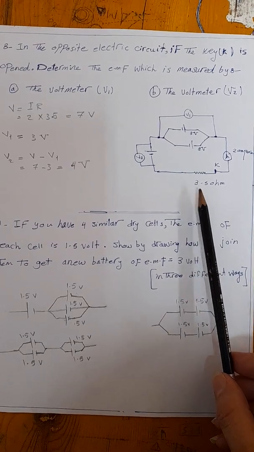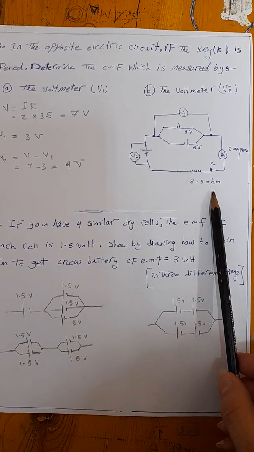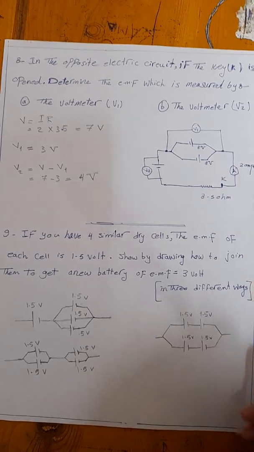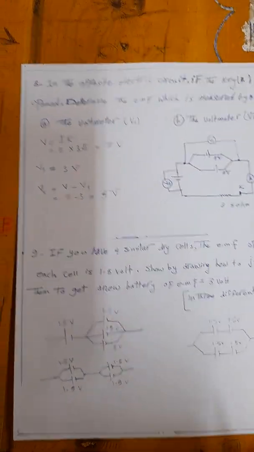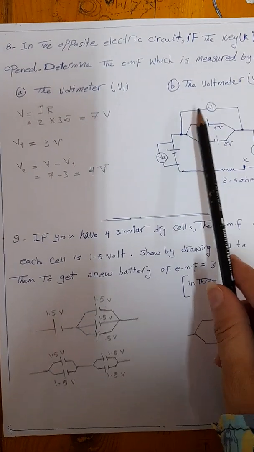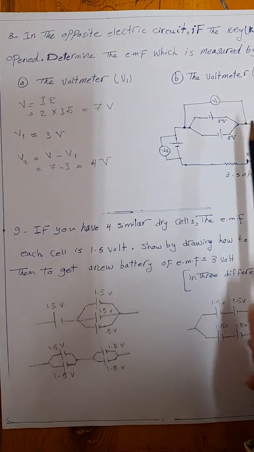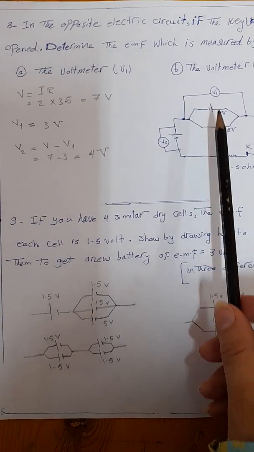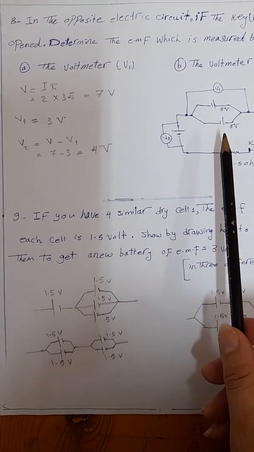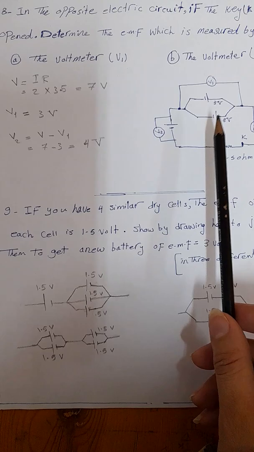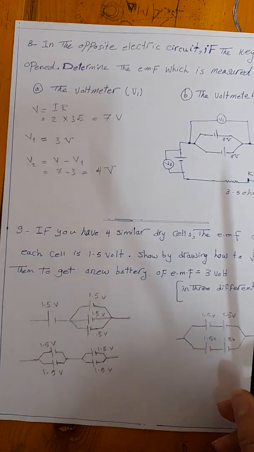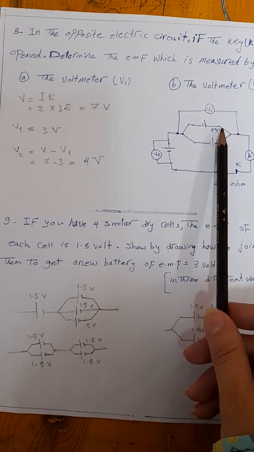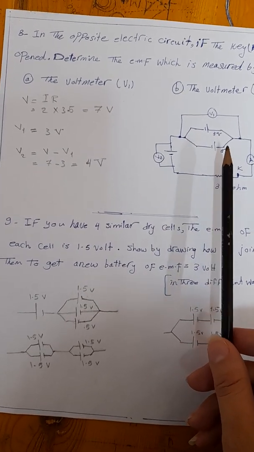The resistance is given as 3.5 ohm and the electric current intensity is given as 2 ampere. V1 equals the electromotive force of each of these cells because they are connected in parallel. The electromotive force of this one is 3 and of the other is 3.